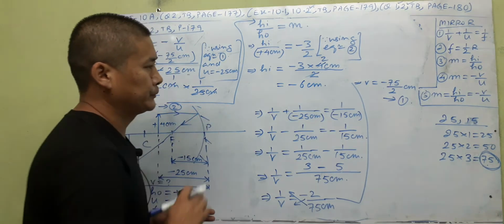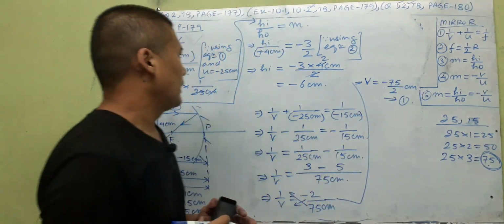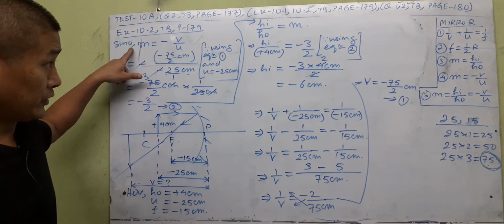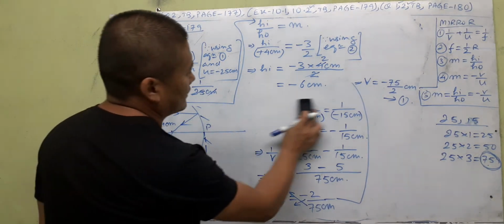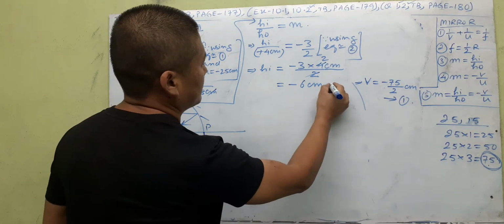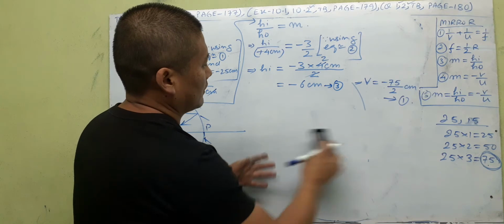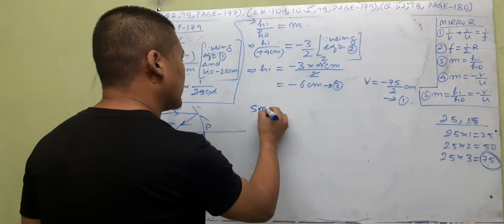We got everything. V we got here, M for nature we got, HI we got. So we can now write our final answer. Let us put this one as equation number 3. Now, first one, go back to the text.